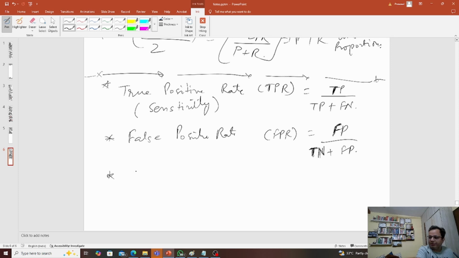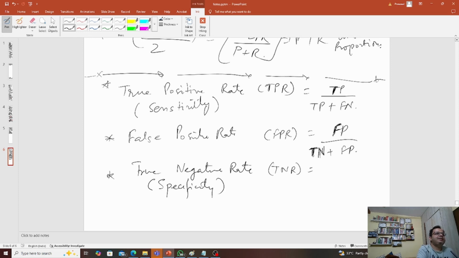There is one more rate, which is called the true negative rate. You can keep this in your notes, because it is going to be very important. The interviewer is definitely going to ask some questions around this. Another name for the true negative rate is specificity.